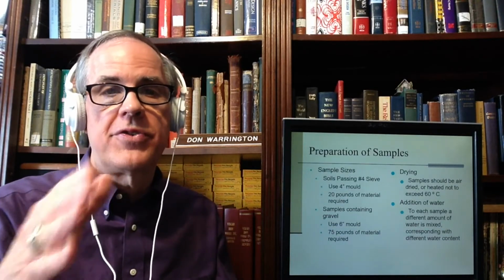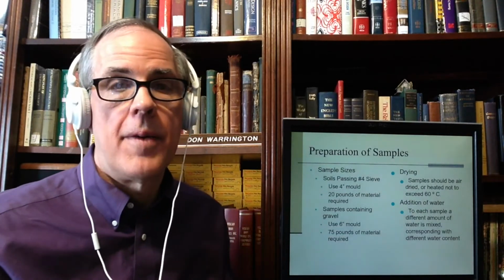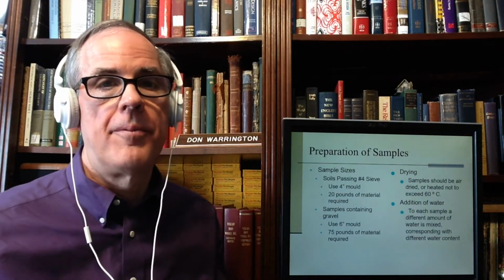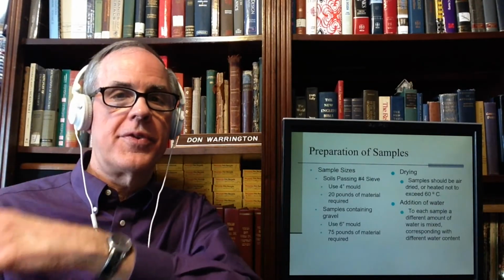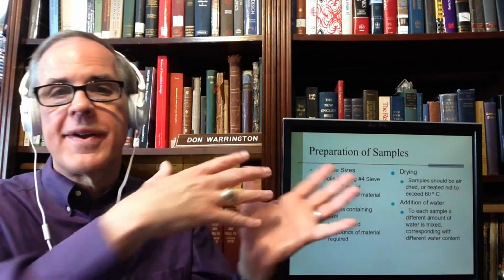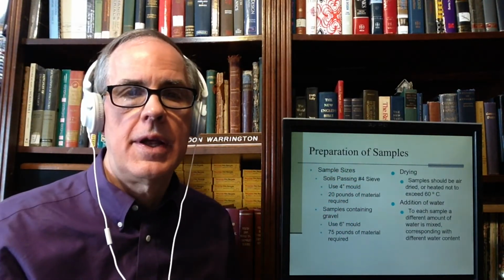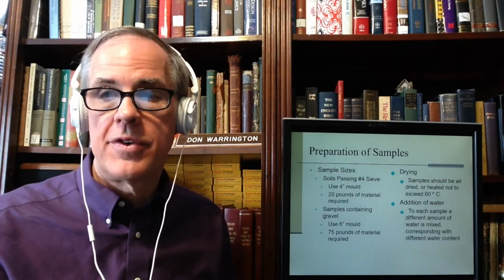You use a fresh sample. That's why you have 20 pounds of material. You would use a different set of material for each, and add a different water content to each, kind of like you do with the Atterberg limits, and you will construct that. They will show you how to do that in just a minute.